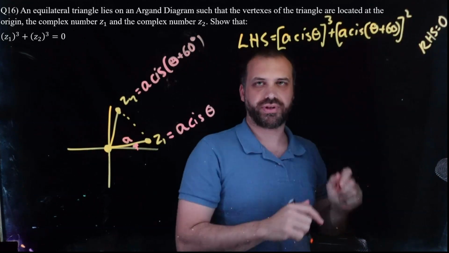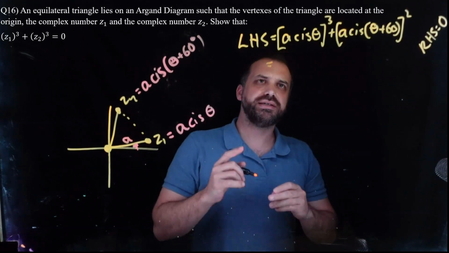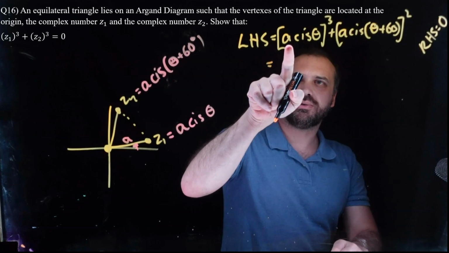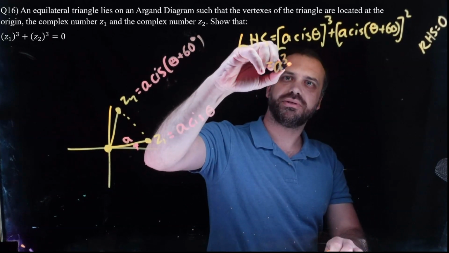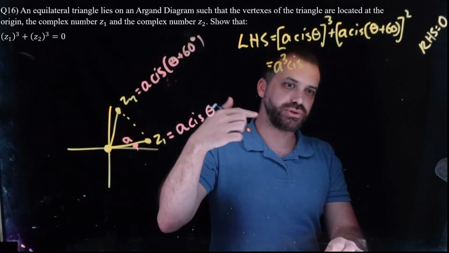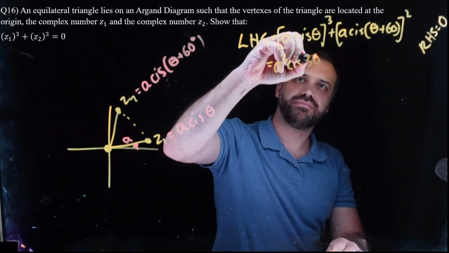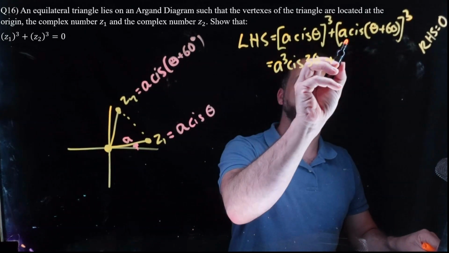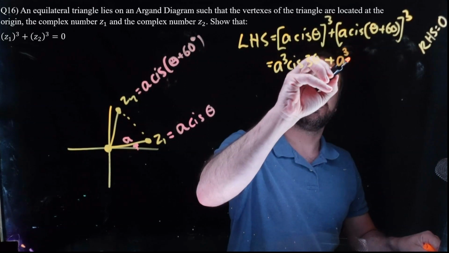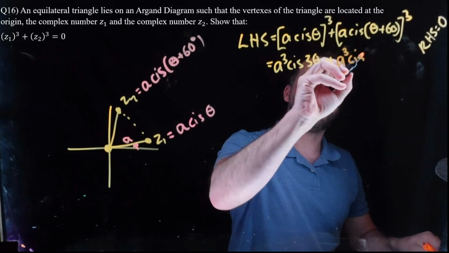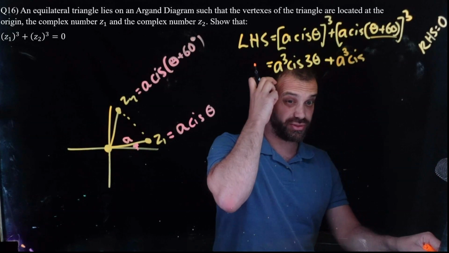Turn it around. Okay. A cis theta cubed, that's equal to A cubed cis and multiply the angle by 3. And this next one here is very similar. A cubed cis, and then we're multiplying this whole thing here by 3.